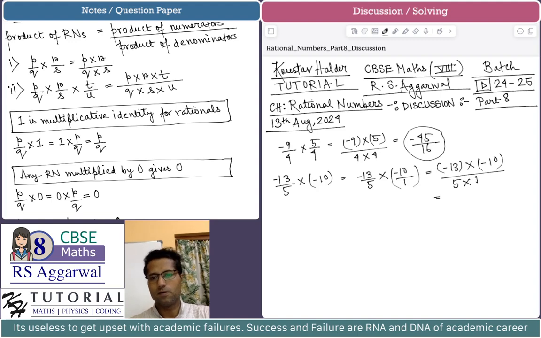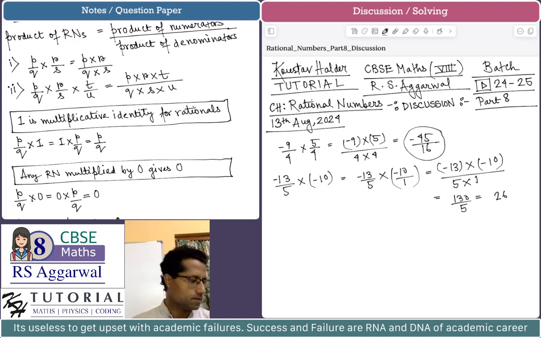So this becomes minus 13 into minus 10 is 130 divided by 5. Now you can further simplify this to convert this rational number into standard form, and this will be 26. Okay, I think this is okay.